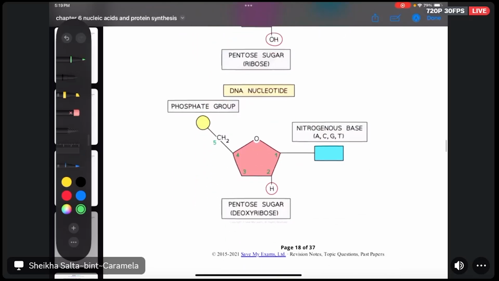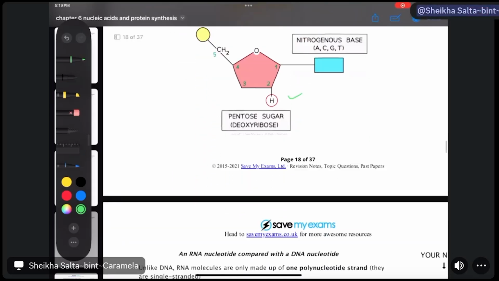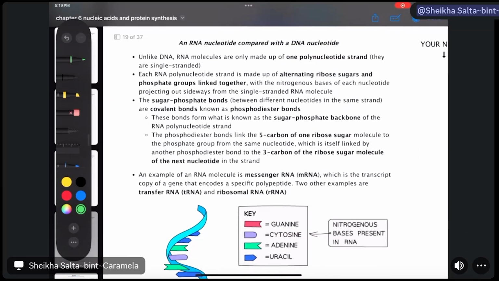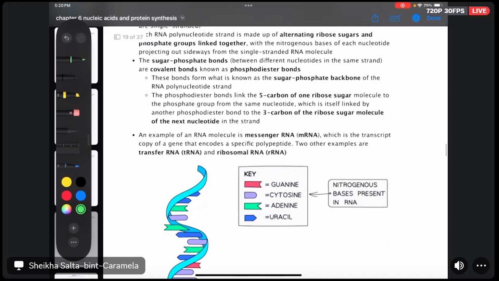And in the DNA structure, you have deoxyribose sugar, so no oxygen is present here. Then this is single stranded, and there's also the phosphodiester present as well, and the sugar phosphate bonds, but the bases are exposed on one side.